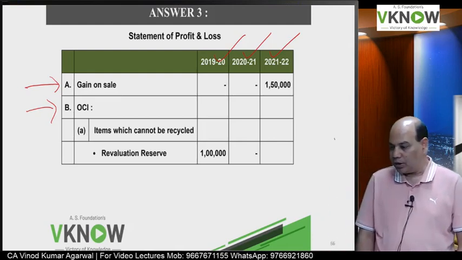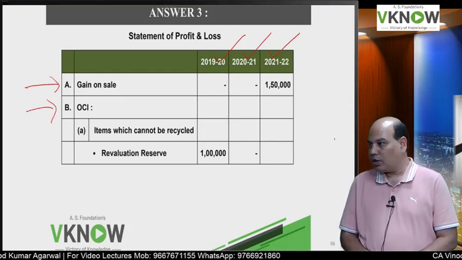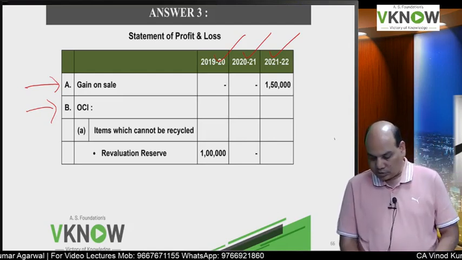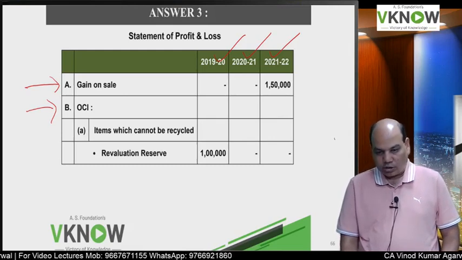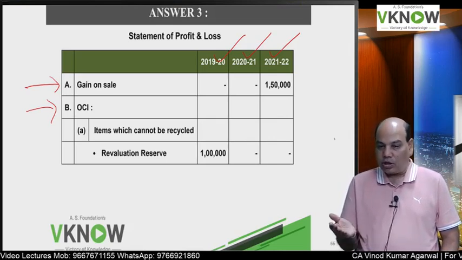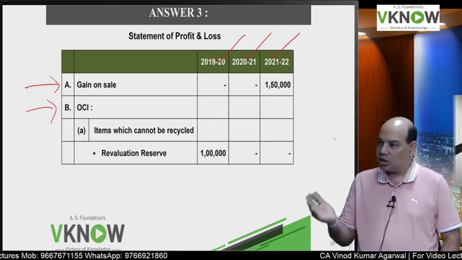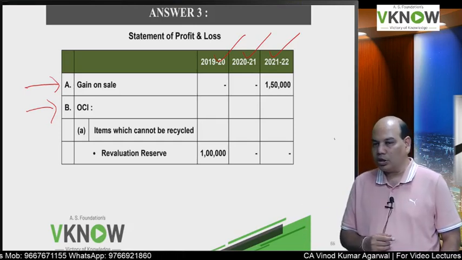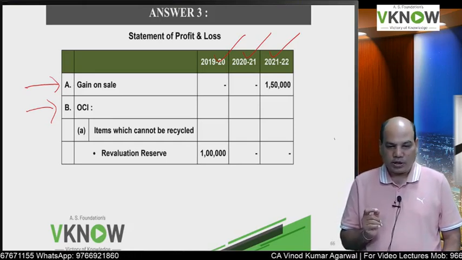Then in Part B, the item which cannot be recycled, revaluation reserve of 1 lakh, will come in which year? 2019-20. You will write 1 lakh. And that 1 lakh, in the SOCIE in the third year, I will transfer to other component of equity. Is it right? Is everybody paying attention?